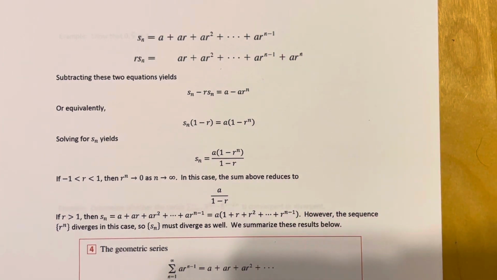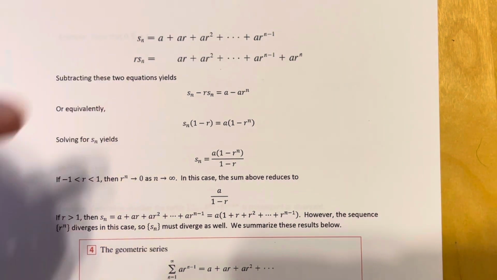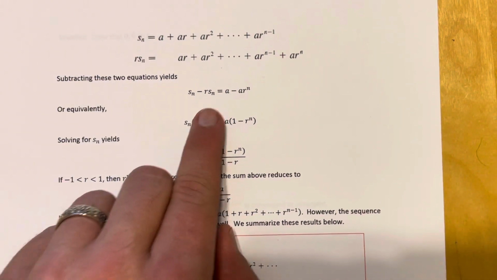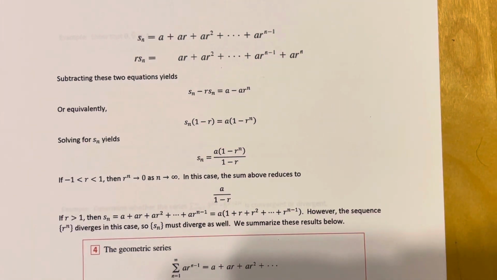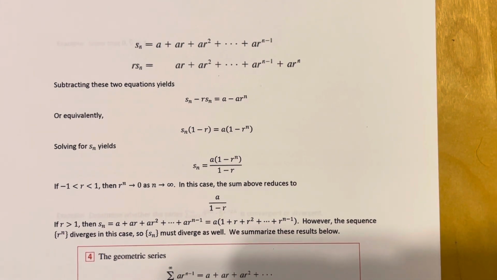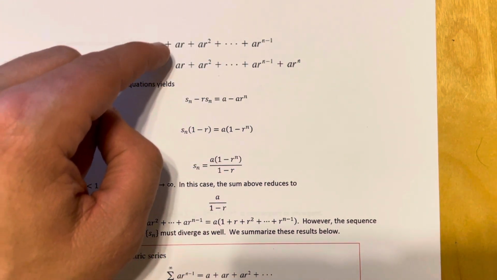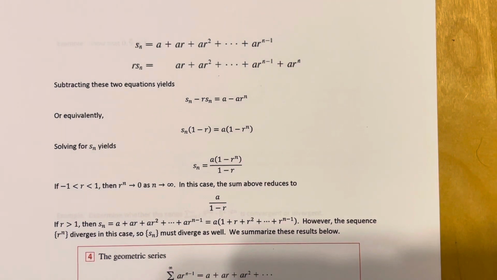Next thing I'm going to do is subtract these. I'm going to take this partial sum and subtract it from r times s_n. So on my left side, I get s_n minus r times s_n. On my right side, I get something similar to what we saw with our telescoping series. These terms will all cancel. The ar minus ar goes to 0, ar squared minus ar squared goes to 0, and so on and so forth.